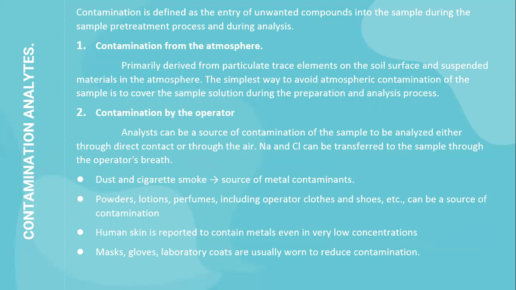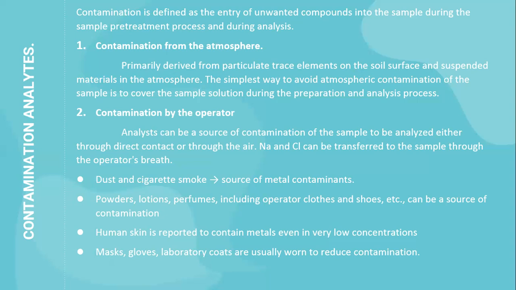Number 2 is contamination by operator. The analyst can be a source of contamination of the sample to be analyzed, either through direct contact or through the air. Natrium and chlor can be transferred to the sample through the operator's breath.